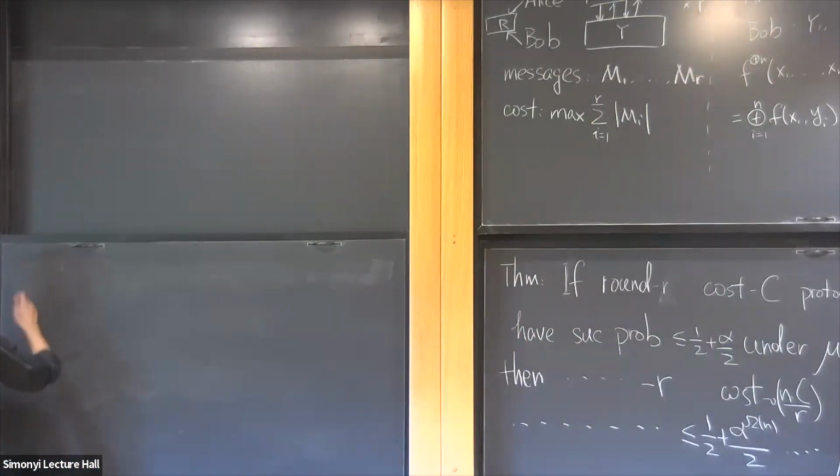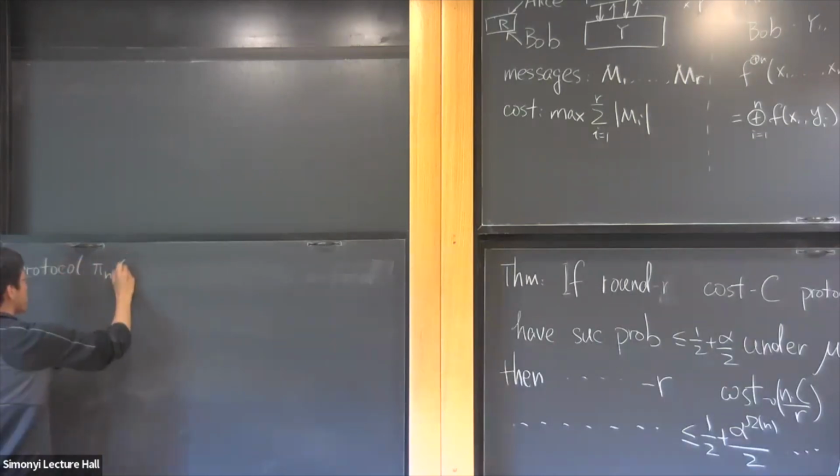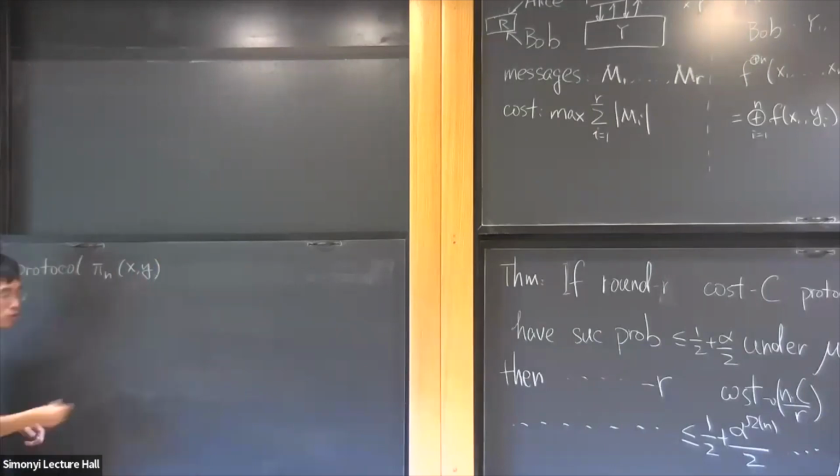So let's first see what the first protocol is. Recall pi sub n will be a protocol for f, so it has one input pair x and y, and would like to output the f value on this pair. So the idea is that we are going to generate a big input with n input pairs, where this x y is one of the pairs, such that after generating it, the players are going to run the big protocol pi that they are given.